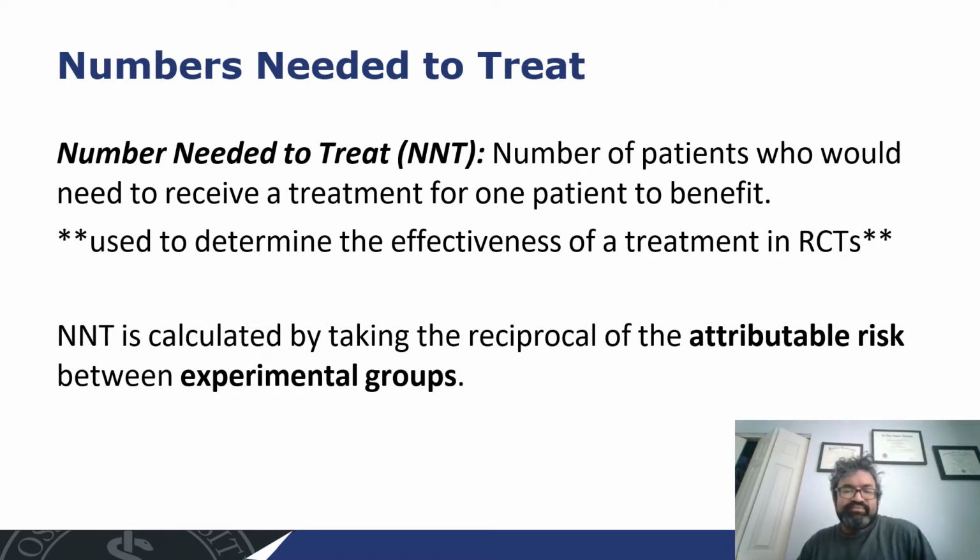But that's the definition, and this is how mainstream physicians determine the effectiveness of a treatment in RCTs. So many physicians not only may ask you and quiz you about this concept, you're going to see this in the USMLE, and you'll see this again in the words.